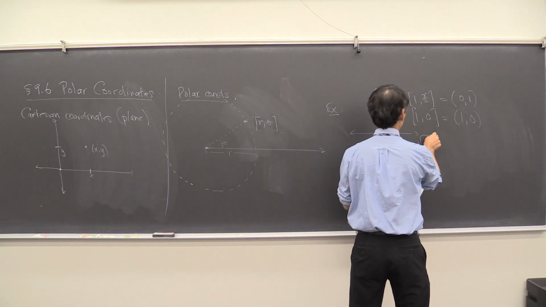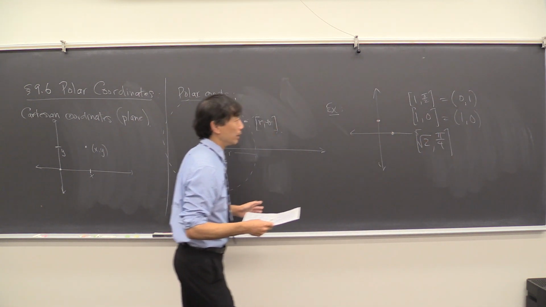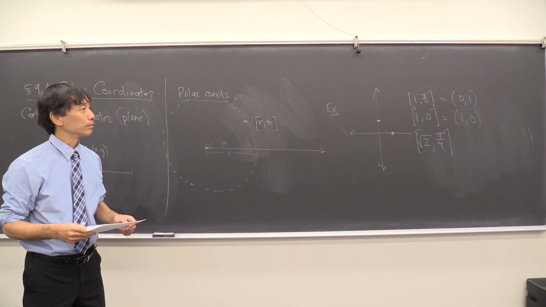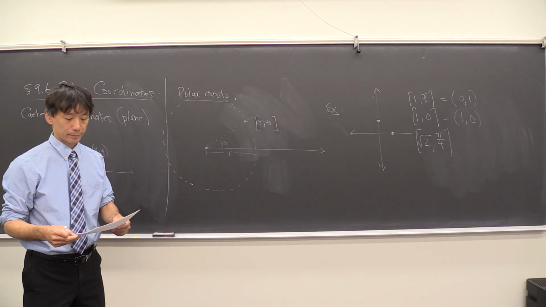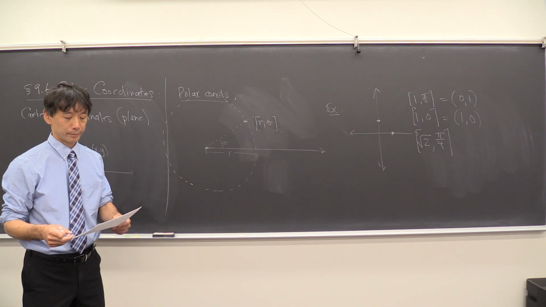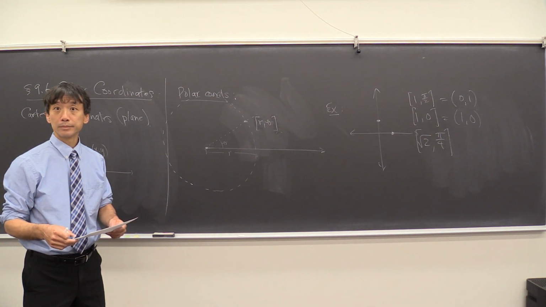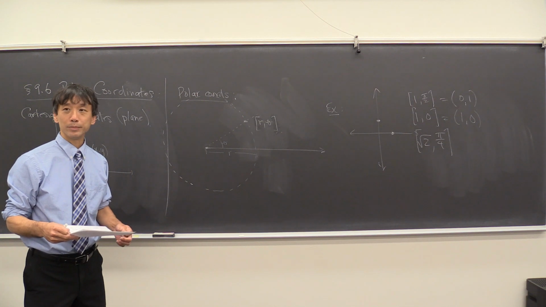Right. If I say, like, the square root of 2 comma pi over 4, where is that? Take a few seconds and see if you can draw where that would be. Okay, turn to somebody nearby and say, this is where it is.